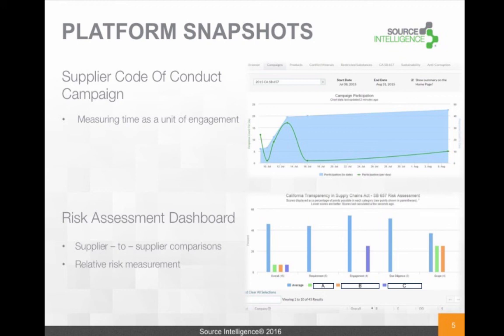The comparison view allows you to measure suppliers on various categories, like response rates, engagement scores, data accuracy, and other variables such as that. The platform supplier analysis puts you in control of your supply chain, and it helps you stay in front of potential risk areas in your supply chain.